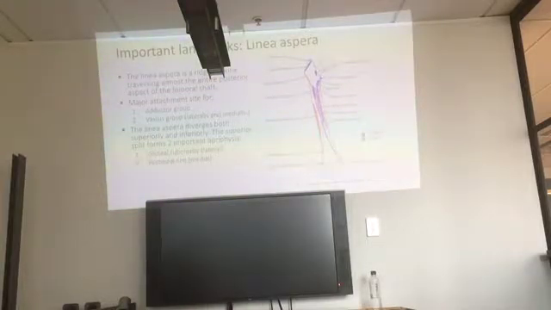Pretty much all of your adductors on your inner thigh insert onto the linea aspera on the medial lip, and then your quads, your lateral and your medial quad muscles, also originate partially from the linea aspera.